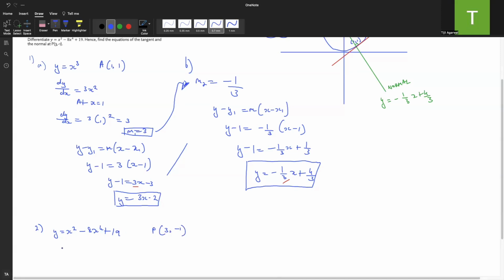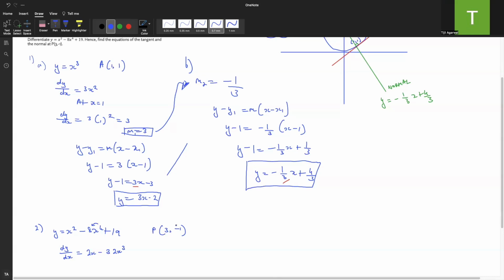So let's differentiate this first. We've got dy/dx is equal to 2x minus, bring the 4 down, so 8 times 4 becomes 32, and the power goes down by 1. And the 19 is a constant, so we can get rid of that. So this is our derivative.